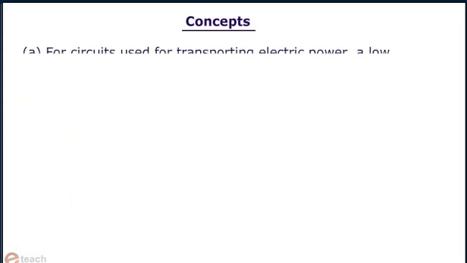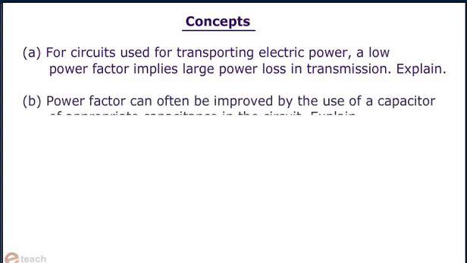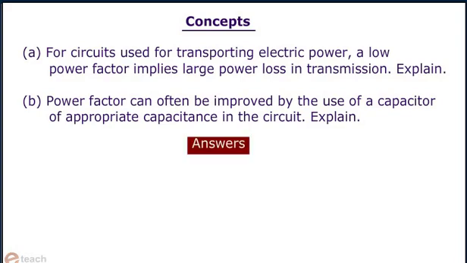Concepts. A. For circuits used for transporting electric power, a low power factor implies large power loss in transmission. Explain. B. Power factor can often be improved by the use of a capacitor of appropriate capacitance in the circuit. Explain.